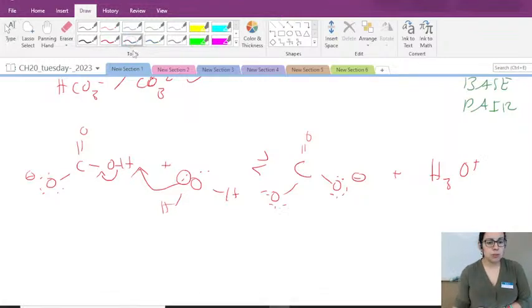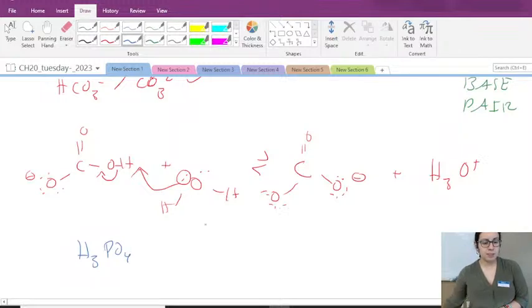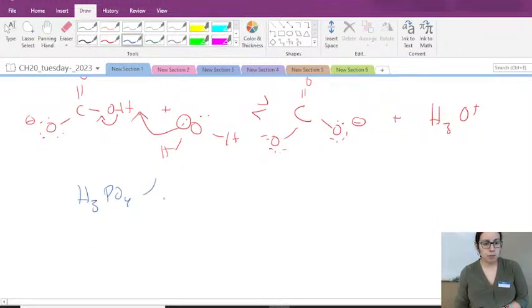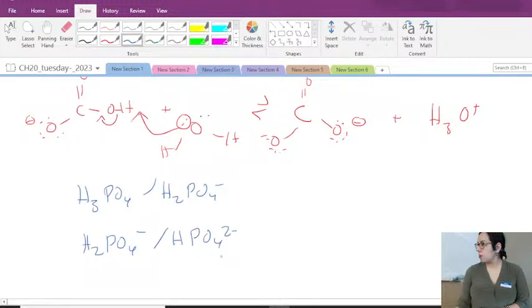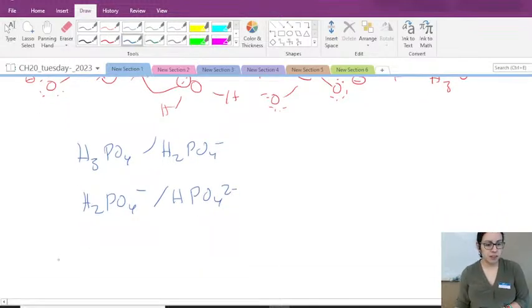And so the same holds true, so you could go crazy. So there's also phosphoric acid. And of course, you lose 1 proton. So there's 1 conjugate acid-base pair. And then you can just continue going on. So you lose another to form your next step conjugate base pair.